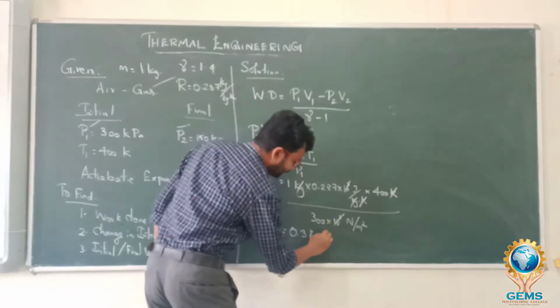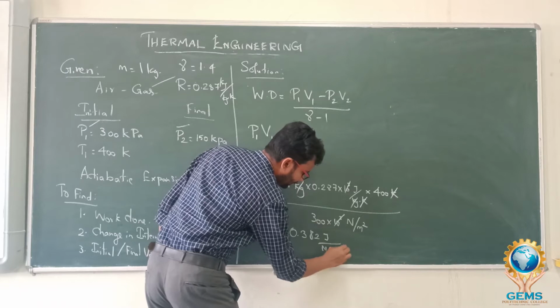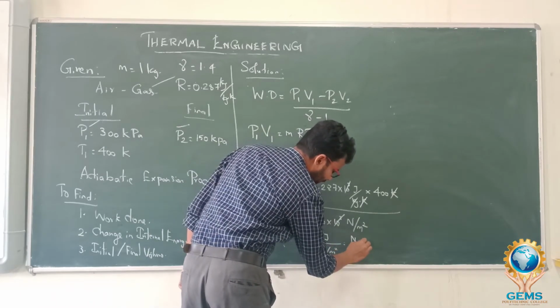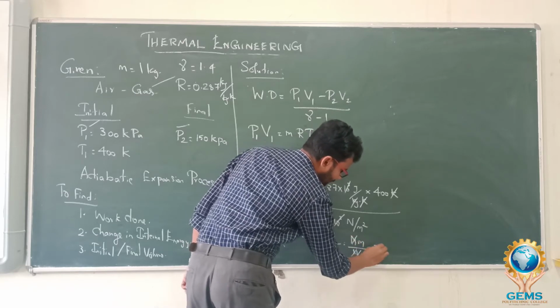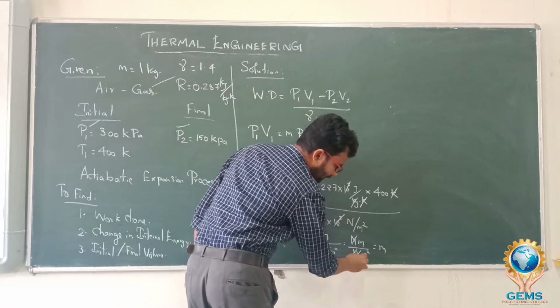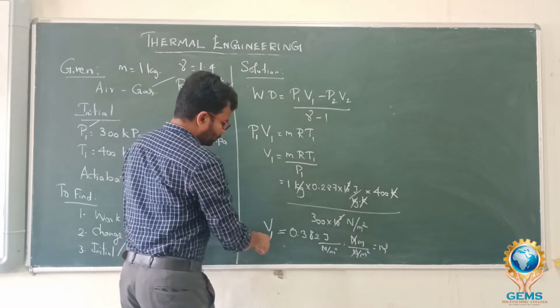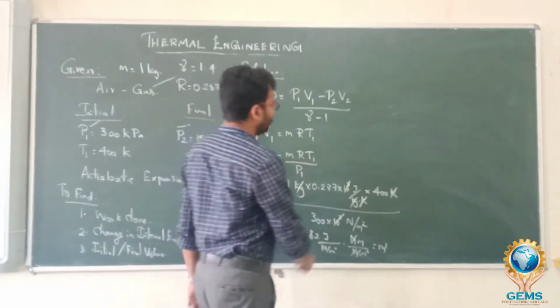The numerator is joule and the denominator is Newton per meter square. We can rewrite the joule as Newton meter divided by Newton per meter square. Newton cancels, and 1 by meter square comes to the numerator, giving meter cube. So V1 equals 0.382 meter cube.